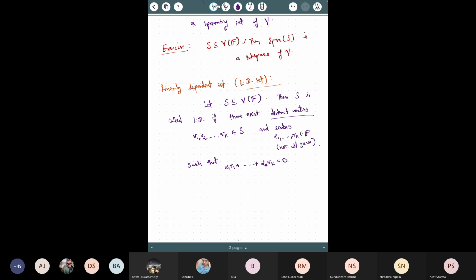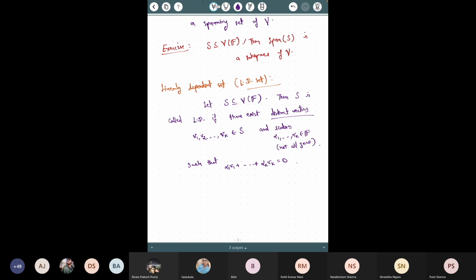So what it says is that no matter what this set S is, if you are able to find at least one k, where k is a positive integer, and vectors v1 to vk in S and scalars alpha 1 to alpha k, where at least one of them is non-zero, such that alpha 1 v1 and so on up to alpha k vk is zero, then this set is called linearly dependent.